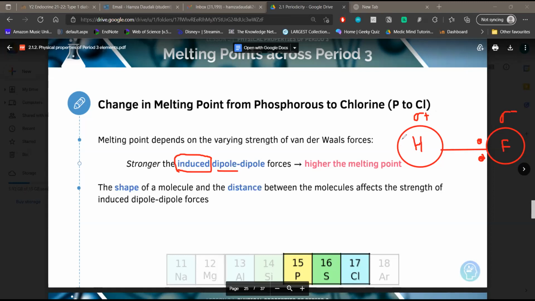And that's really kind of important, because it is that which creates this permanent dipole. Whereas with an inducible dipole, let's say both of these are carbon. So there's no difference in electronegativity.